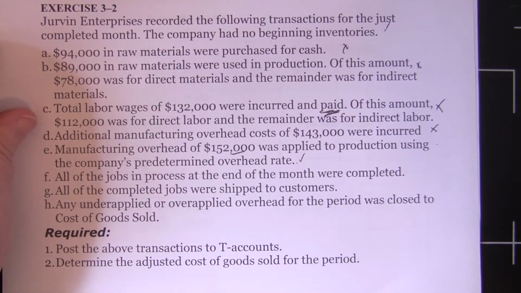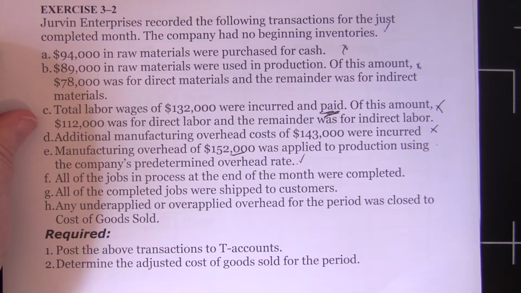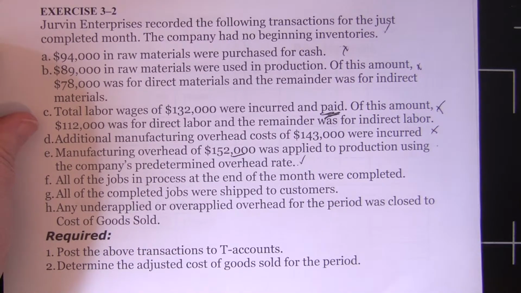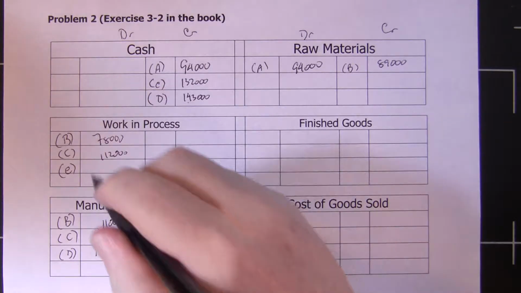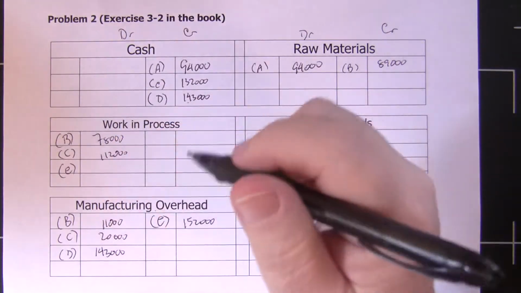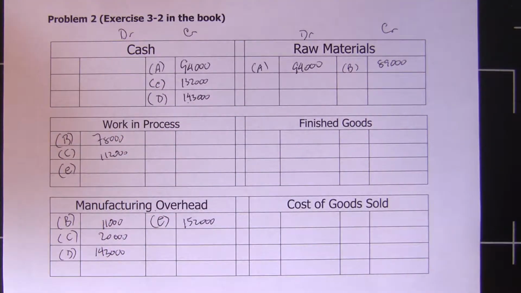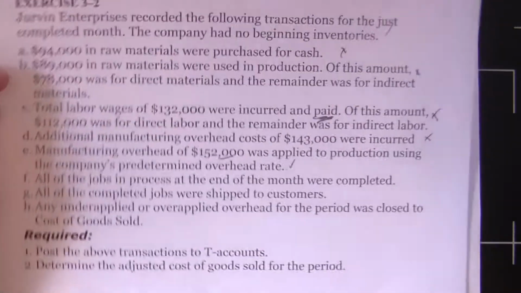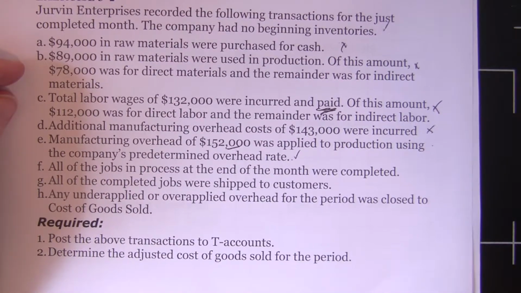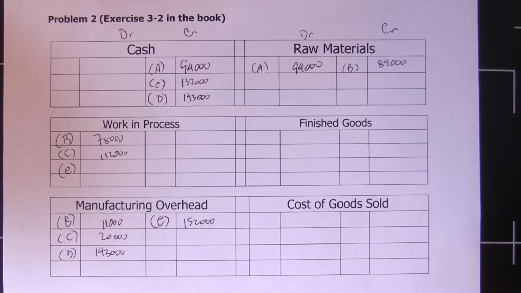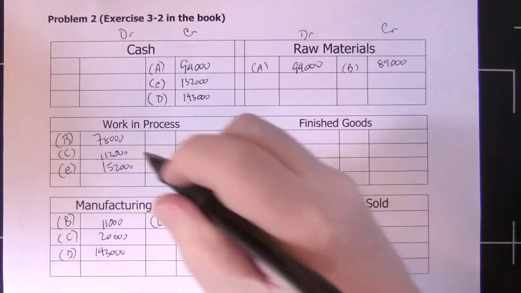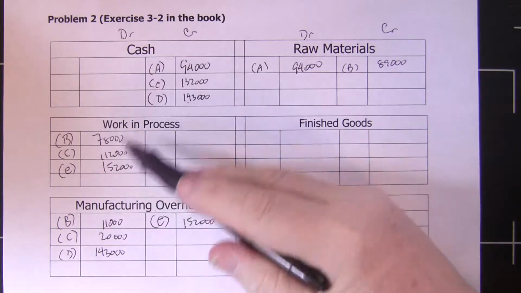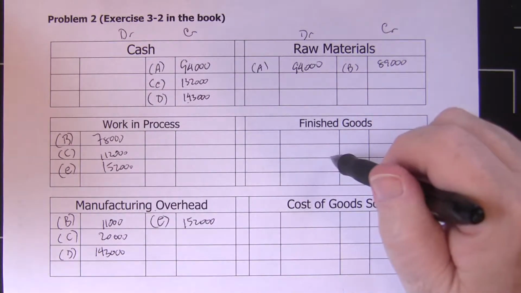Then they tell us all of the jobs in process at the end of the month were completed, which means we have to take whatever is in here. What did I just not put down? E, 152. Everything that's in work in process has to come to finished goods.